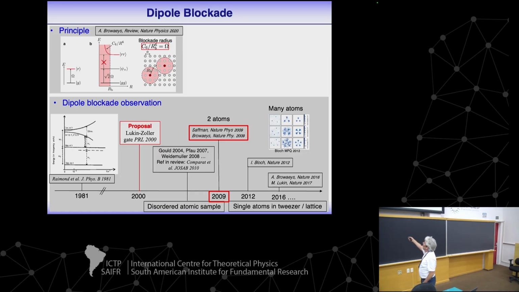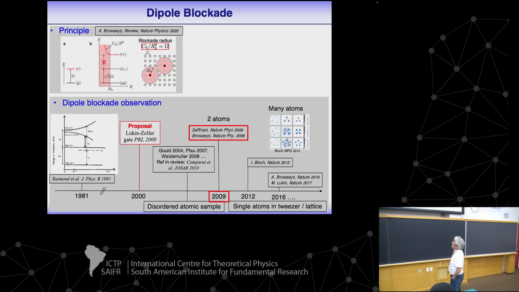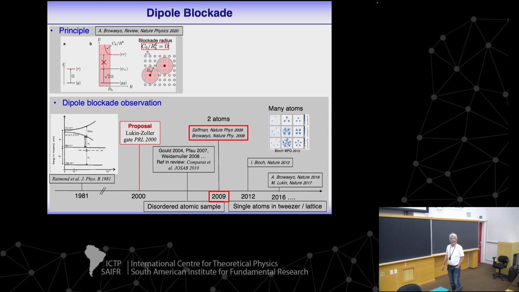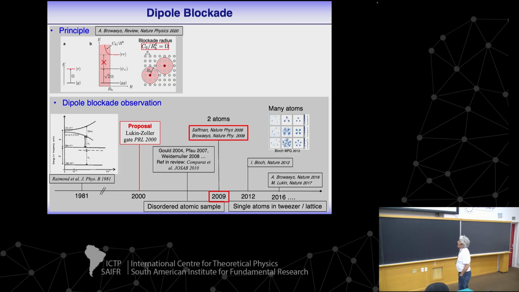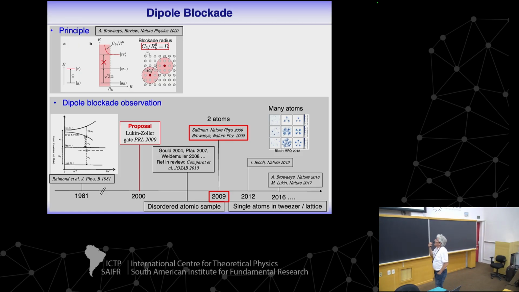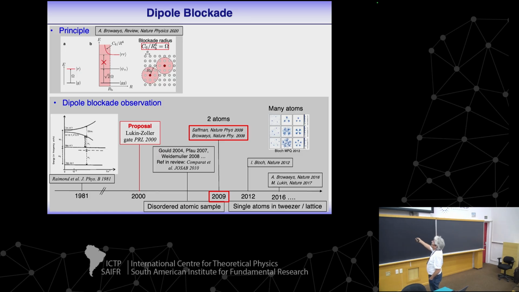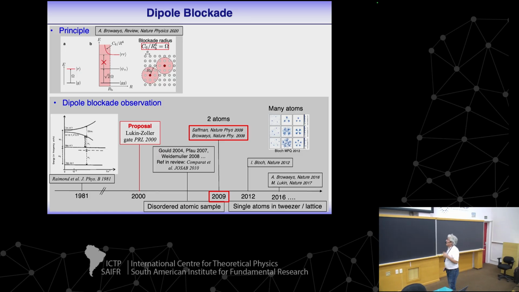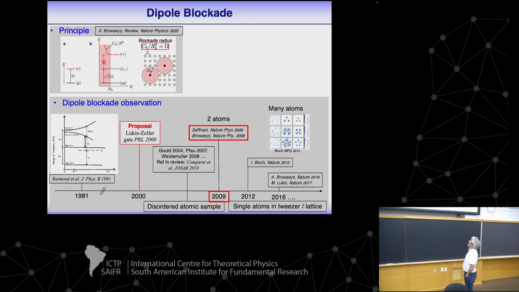This first family of experiments was not performed with tweezers, but with a cloud of ultra-cold atoms. And then, after this work on disordered atomic samples, the first two-atom experiments were performed in 2009 in parallel in the team of Mark Saffman and the team of Antoine Browaeys.